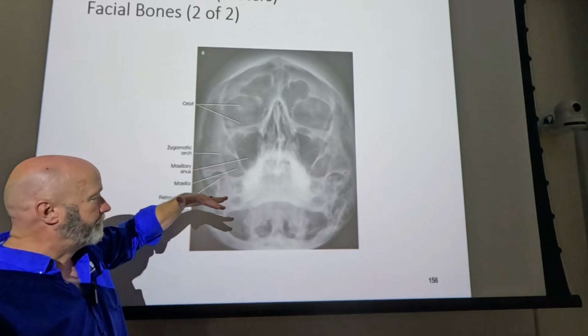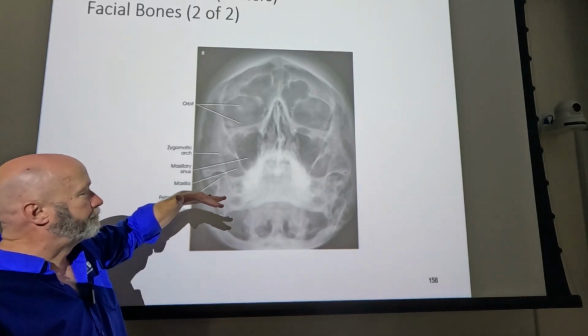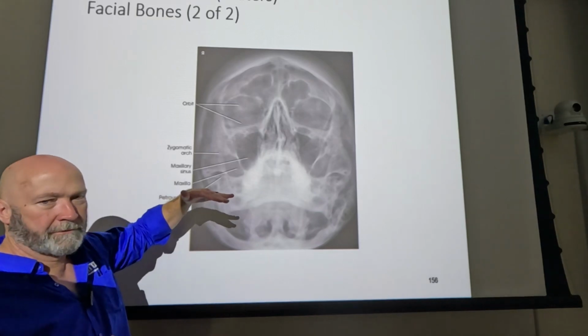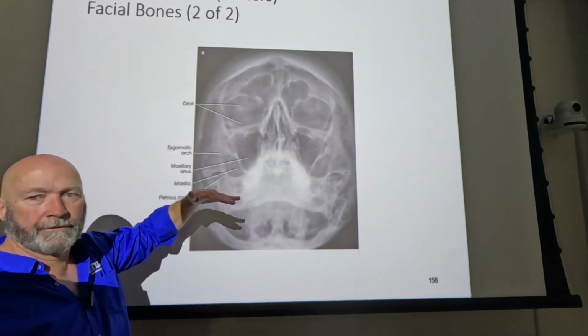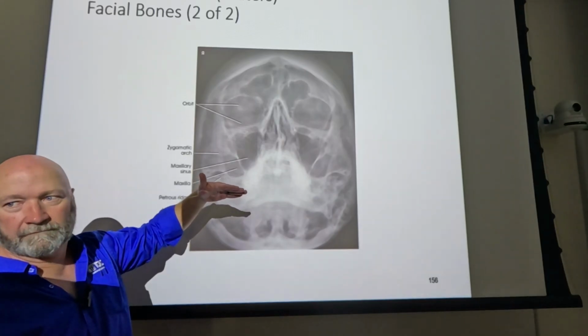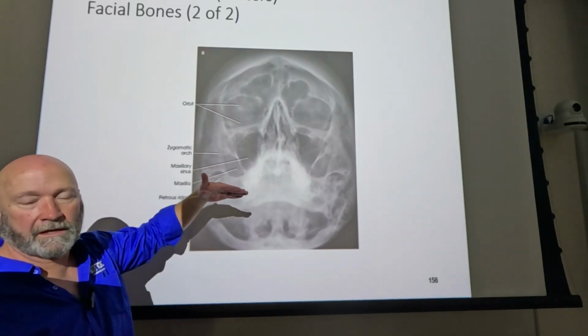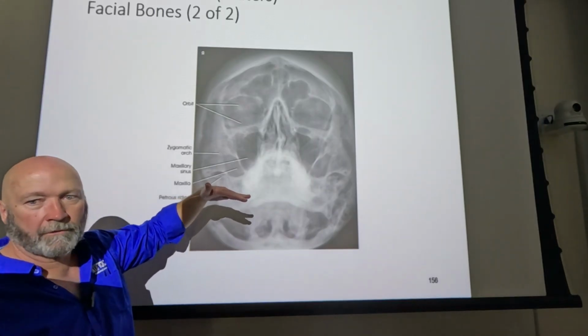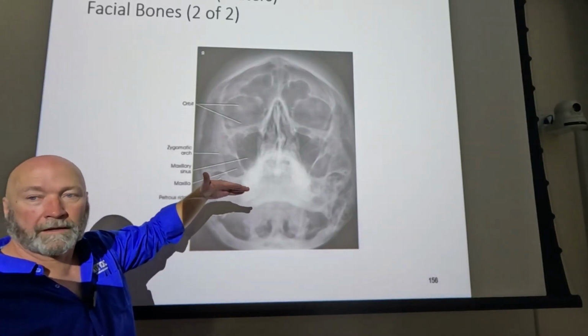Floor of the orbit is perpendicular to the image receptor. We might be able to visualize the blowout fracture. 37 Waters, we can't. The floor of the orbit's not perpendicular to the image receptor on 37 Waters. So we might miss that fracture.